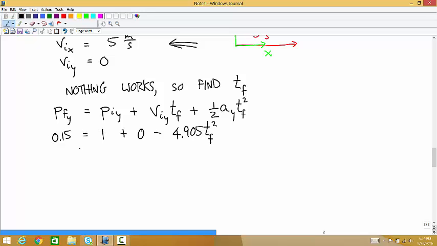Subtract 1 from both sides, and we get negative 0.85 is equal to negative 4.905 TF squared. And then divide both sides by 4.905.